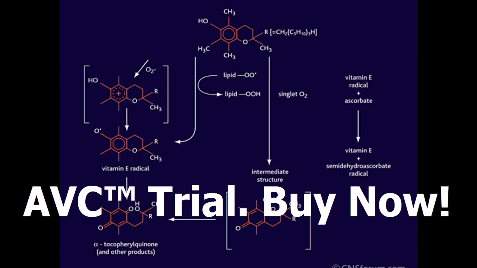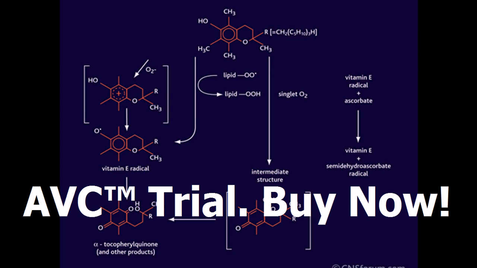When the free radical attacks the lipid, it is called a lipid peroxyl radical. You can see that vitamin E has a tendency to donate an electron to this lipid peroxyl radical, as a result of which the lipid peroxyl radical gets neutralized. However, the vitamin E gets converted into vitamin E radical.